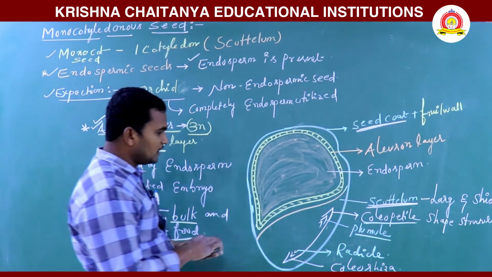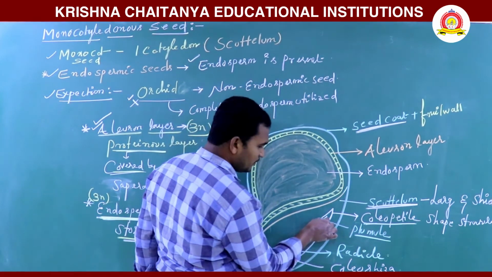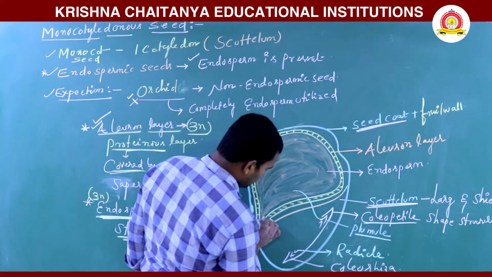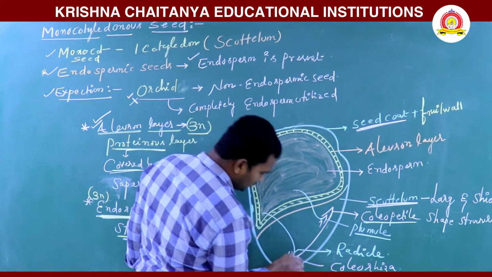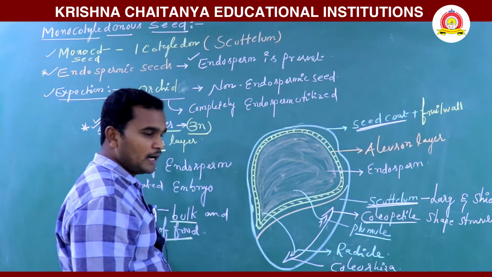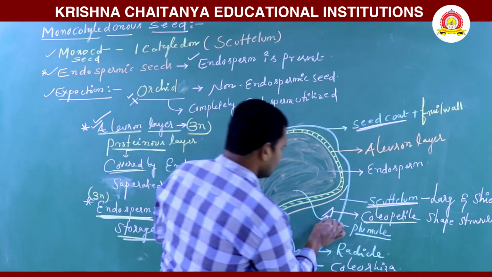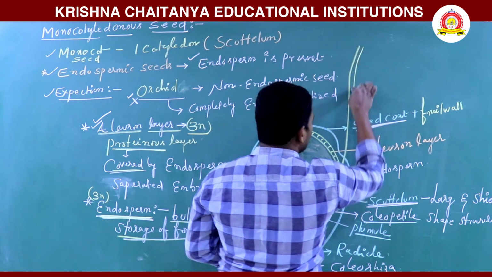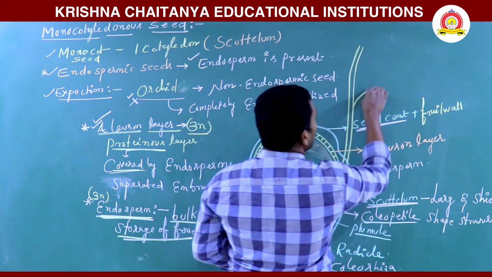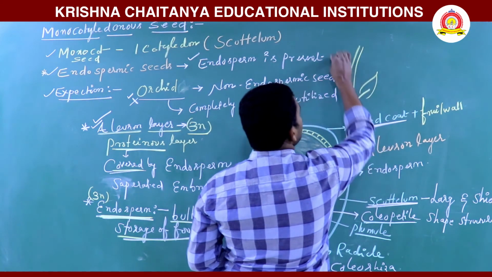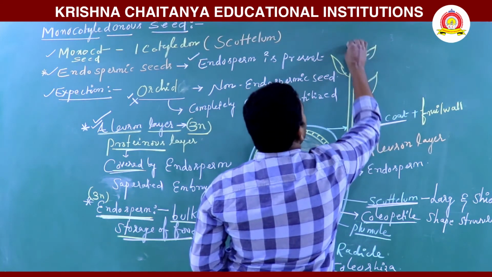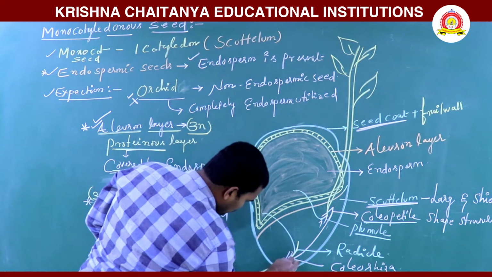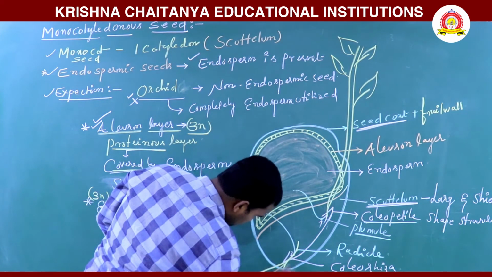So during seed germination, what happens? The endosperm is utilized. The plumule and radicle develop: the plumule develops into the shoot system, and the radicle develops into the root system.